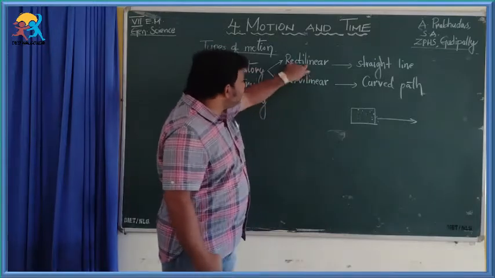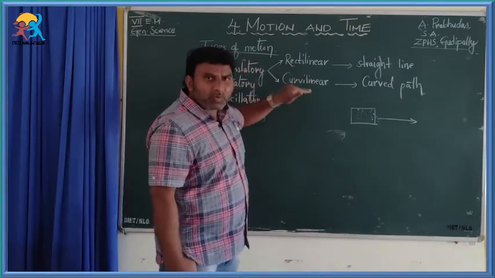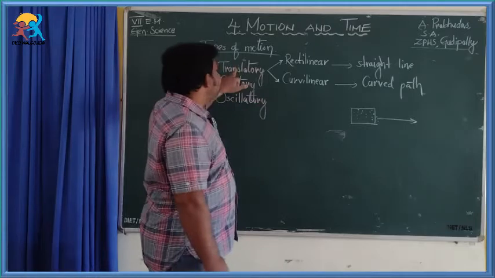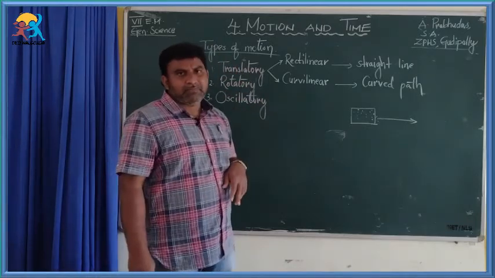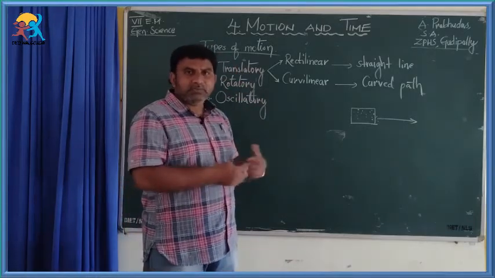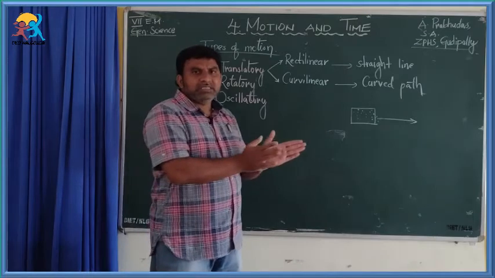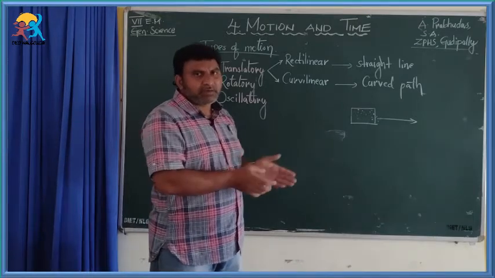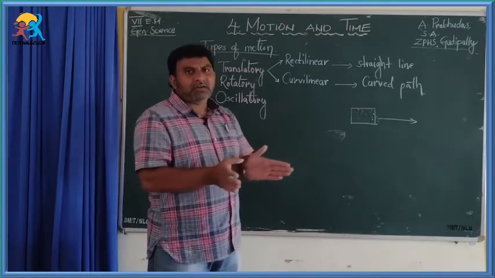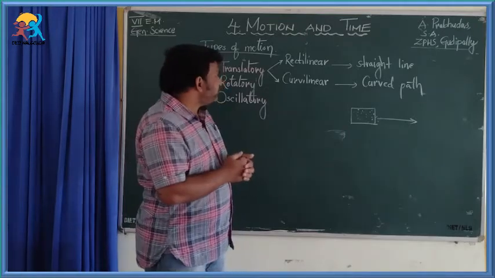So, both rectilinear and curvilinear motions are translatory, because translatory motion is divided into two types depending upon the path of the moving object.